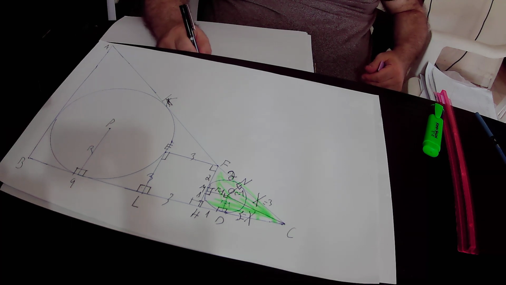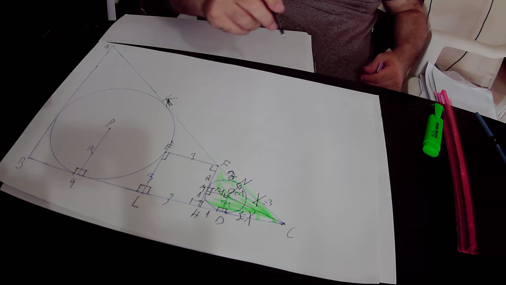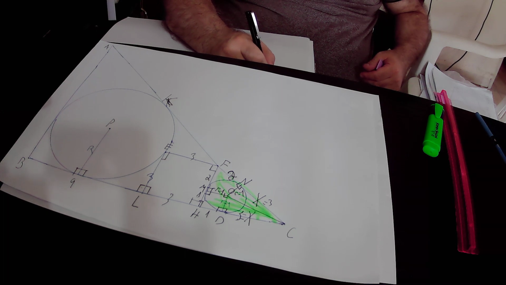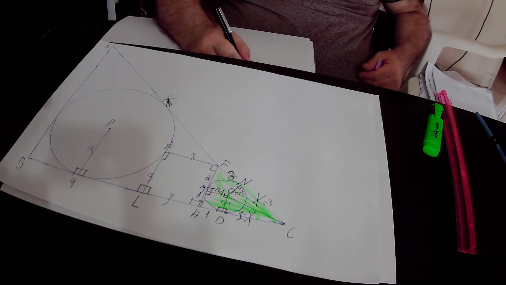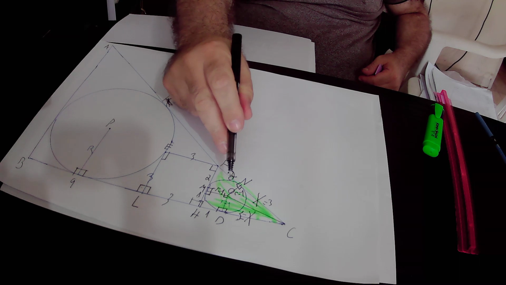So here, triangle NOC is congruent to this triangle, triangle ODC.